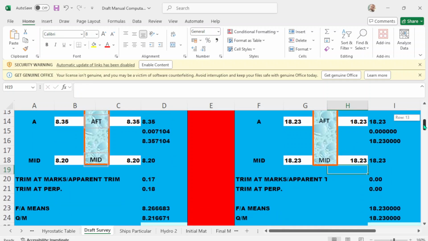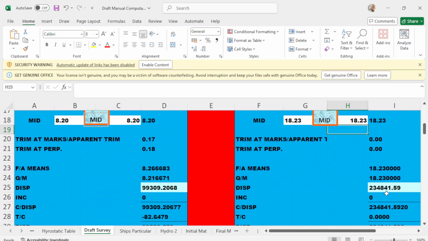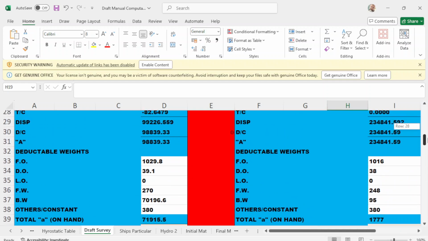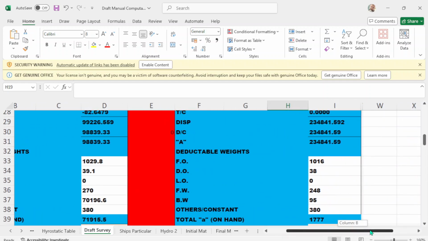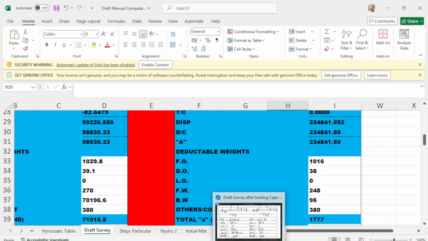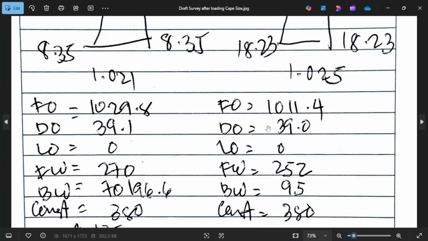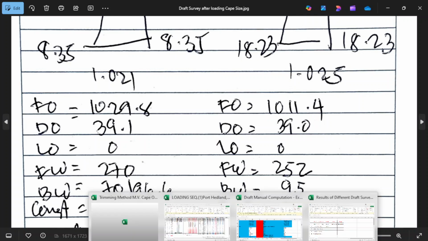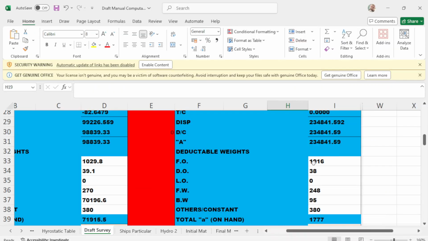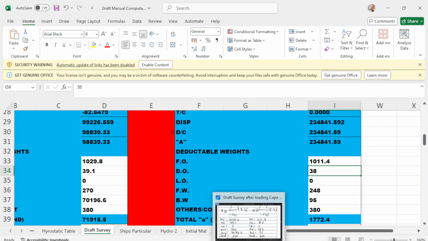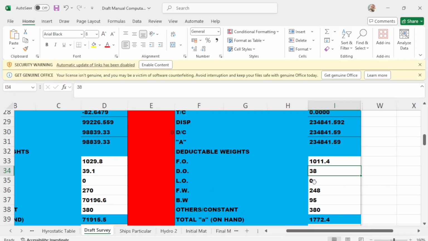Now you have your quarter main and your displacement. Then we update the ROB. FO is 10.11.4. So you put 10.11.4. Your DO is 39.